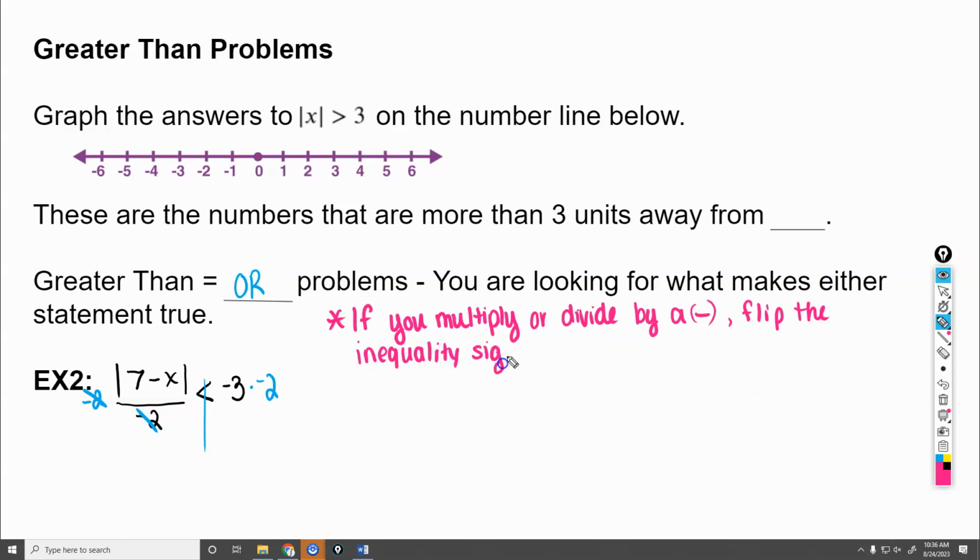So this one looked like it was a less than problem, but when we do this, we get absolute value of 7 minus x. Oh, wait, hold on. No, it's okay. I'm going to leave it like that. Is greater than 6.